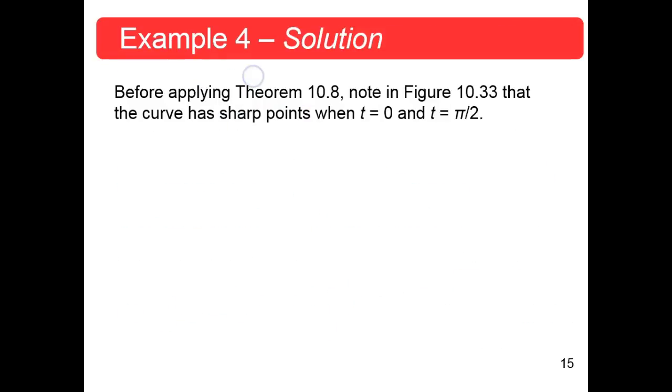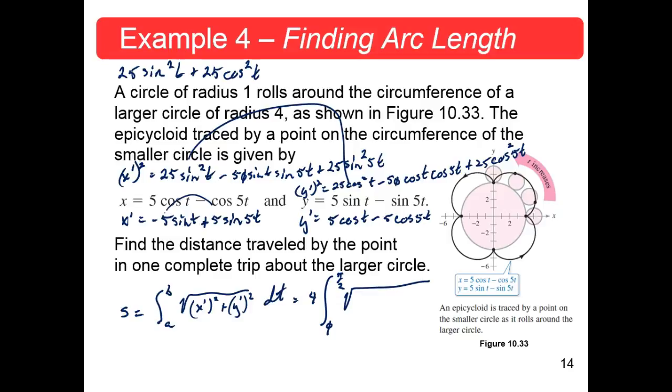And what did you say it gave us? You could factor out a 25, right? What does that leave you with? Sine squared t plus cosine squared t, and what's that?